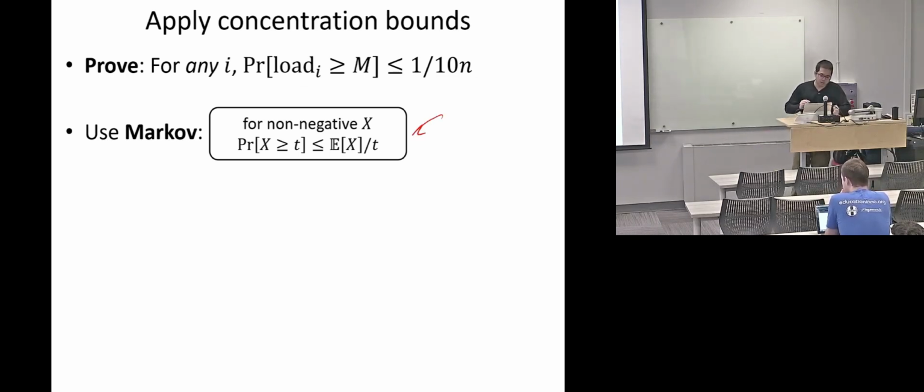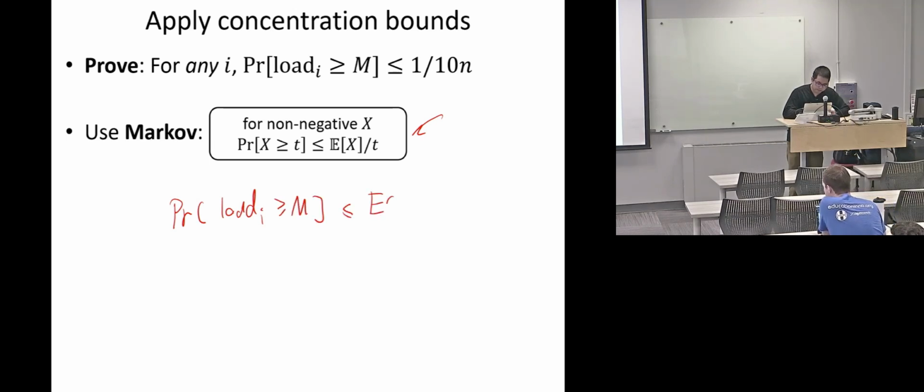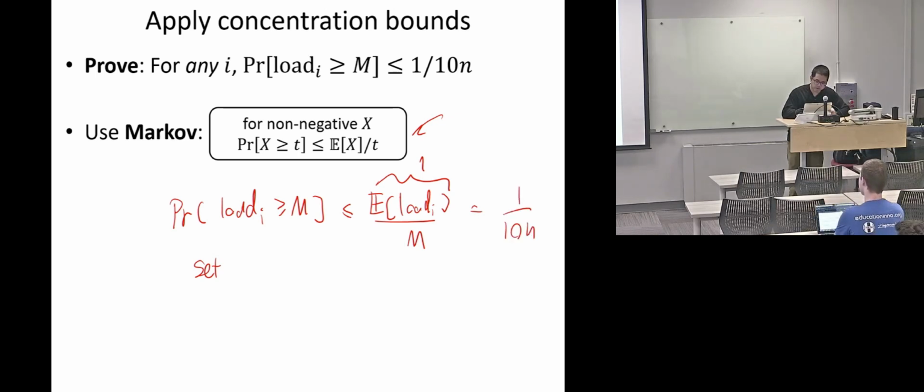And then here, in our case, the probability that load i is more than M is at most the expectation of load i over M, and this is 1/M. So if you want this to be 1 over 10n, you need to set M to be what? 10n.